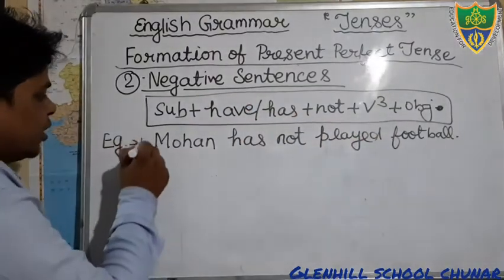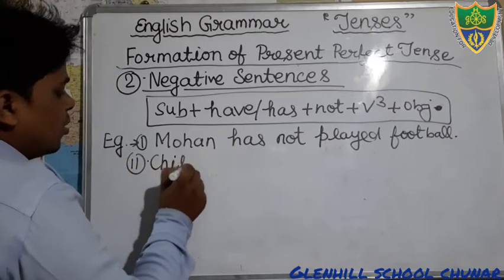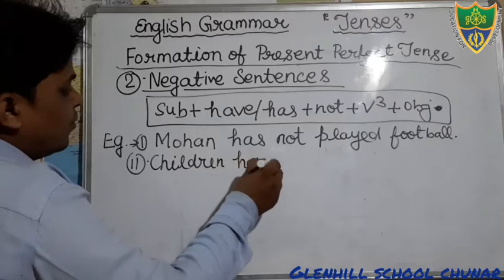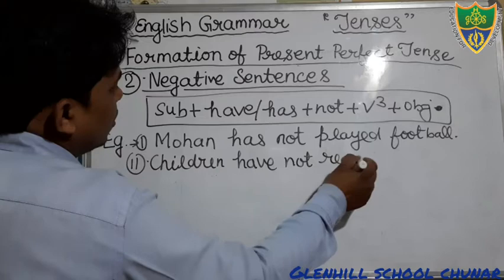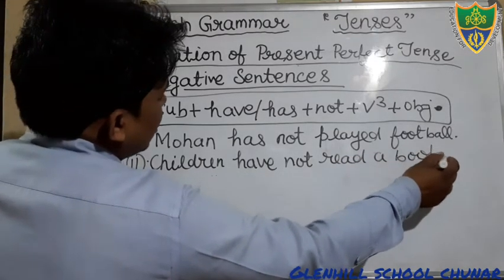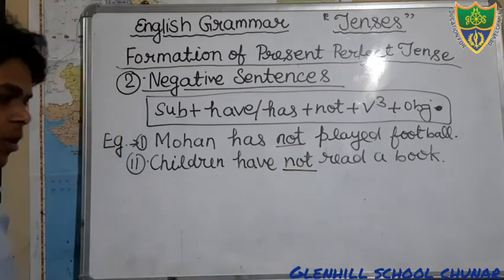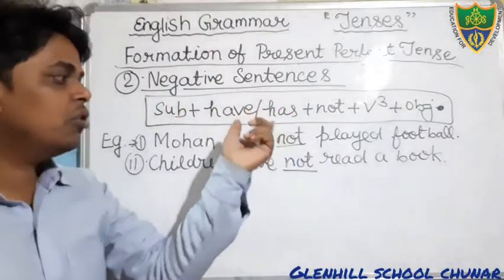One more sentence we can discuss. Just see, children. Children is plural, so we will use the helping verb have. Children have not read a book. Students, you can see here that we have used the negative word not, because we are talking about the negative structure, negative sentences.